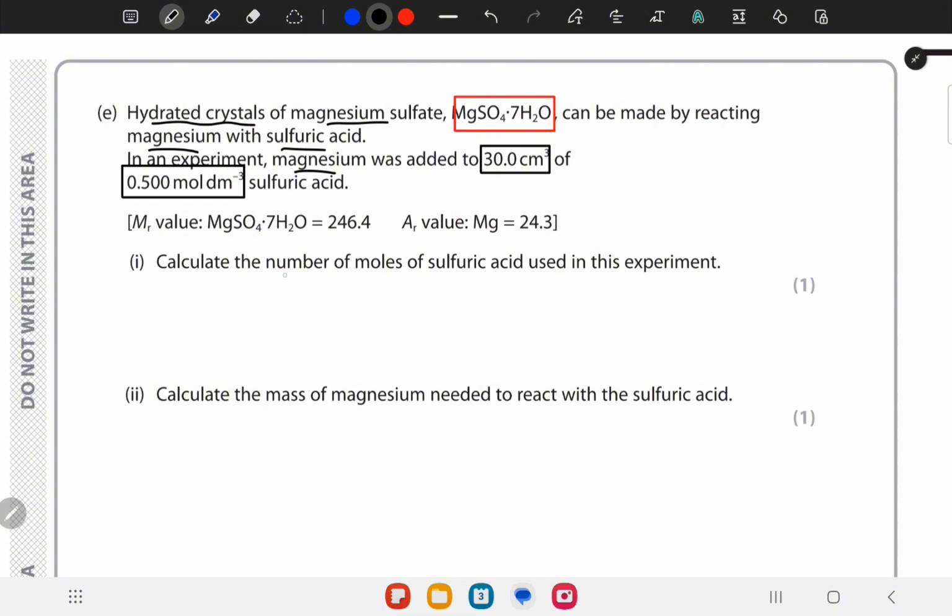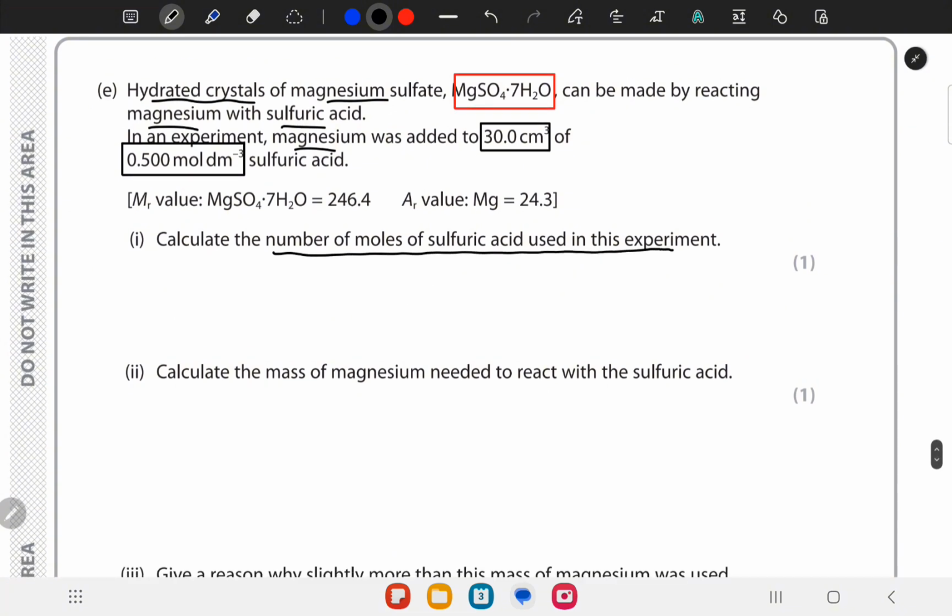In part 1, we have to calculate the number of moles of sulfuric acid used. So the number of moles would be the concentration times the volume in dm cube. We convert the 30 cm cube into dm cube by multiplying by 10 to the power minus 3. We get 0.5 times 30 times 10 to the power minus 3, which comes out to be 0.015 moles.